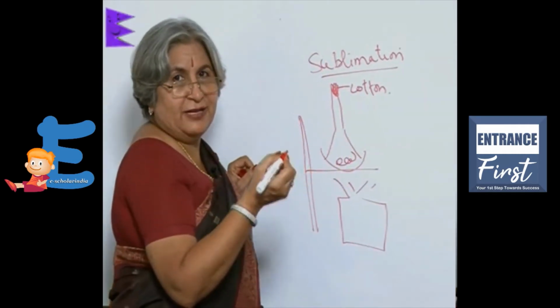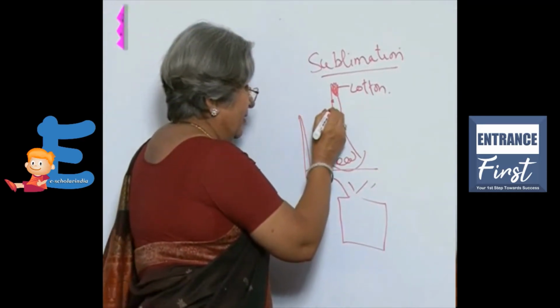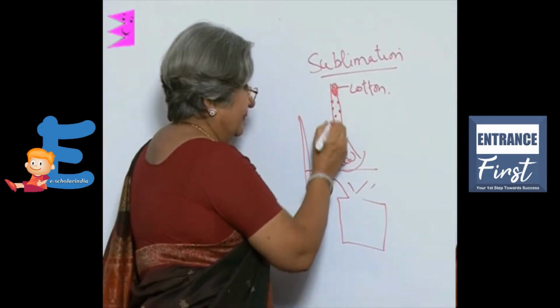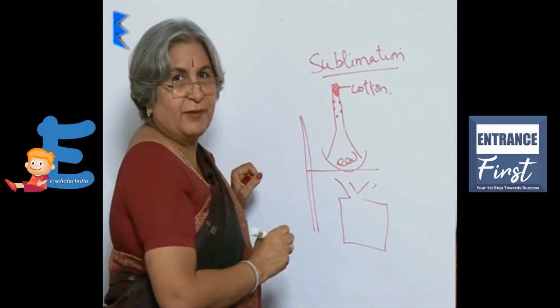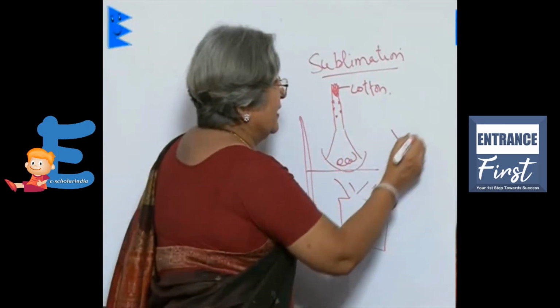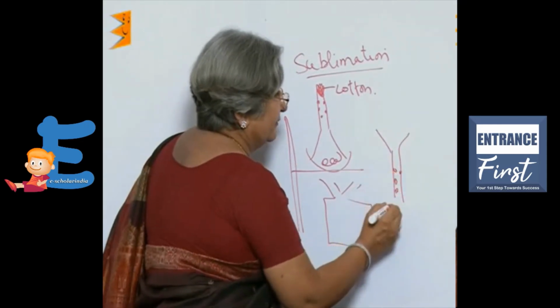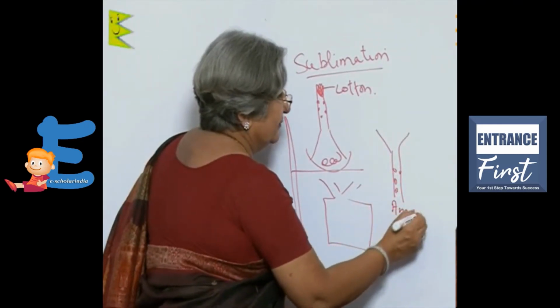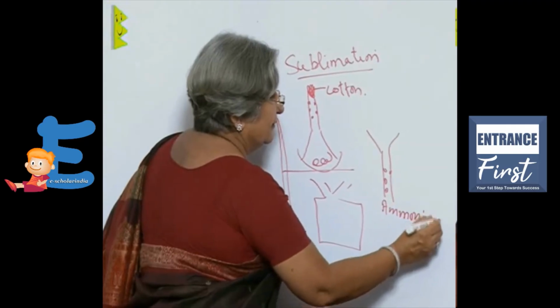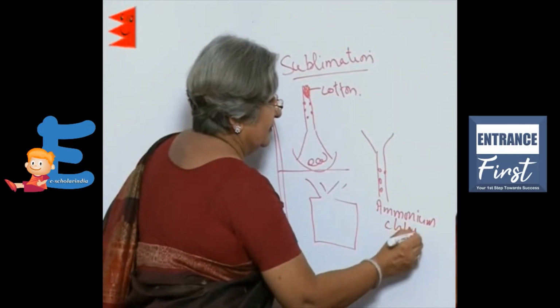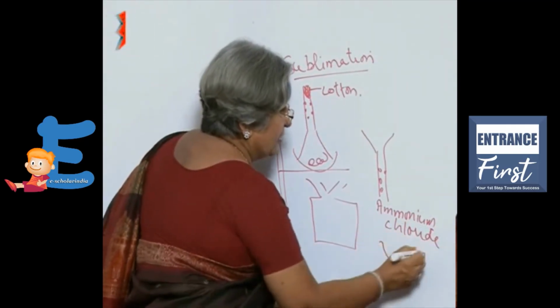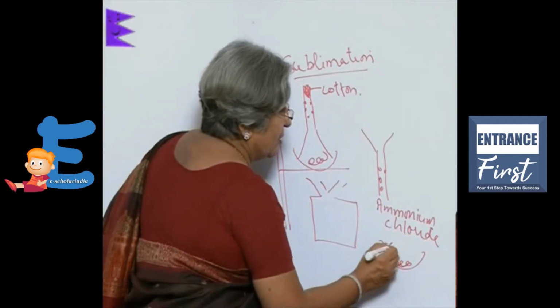Ammonium chloride will sublime and will be on the neck, and salt will be left behind. So when you remove the funnel, this is where you will get ammonium chloride. And in the watch glass will be salt.